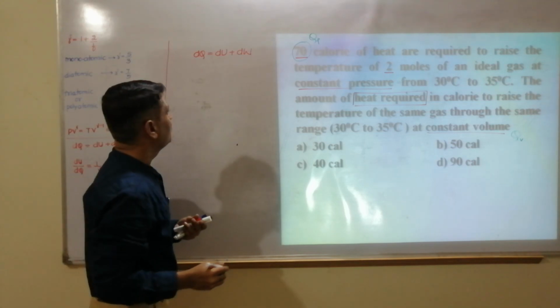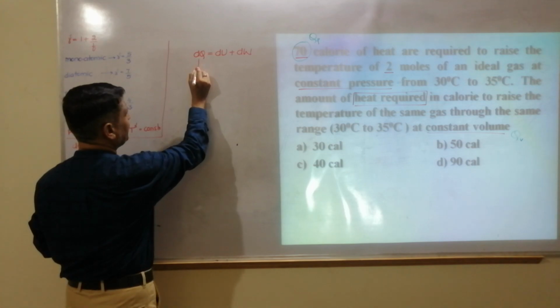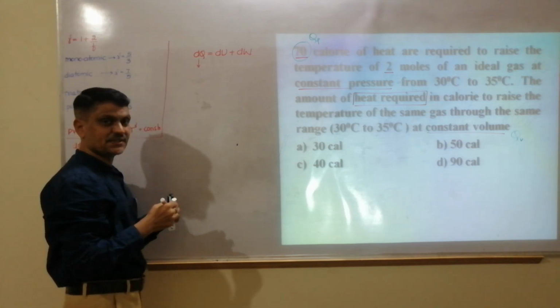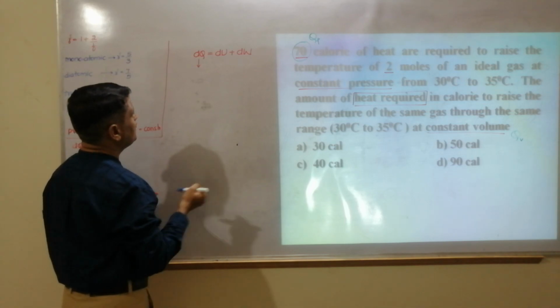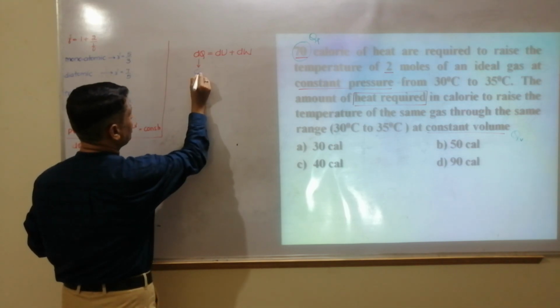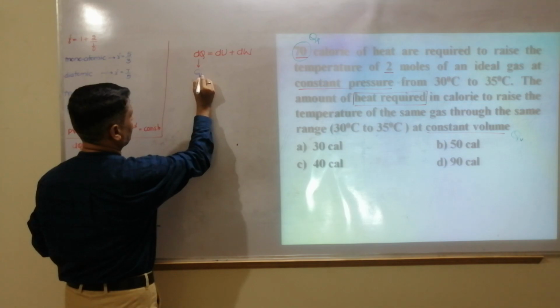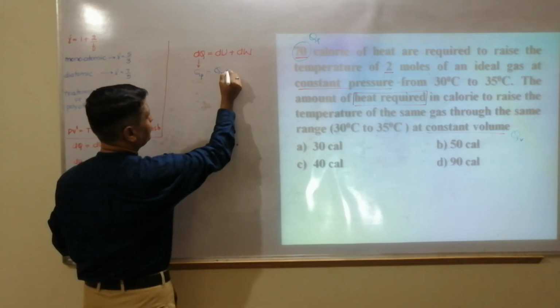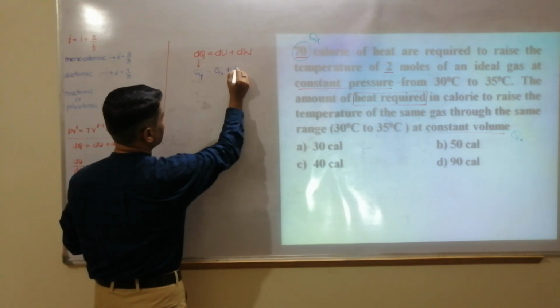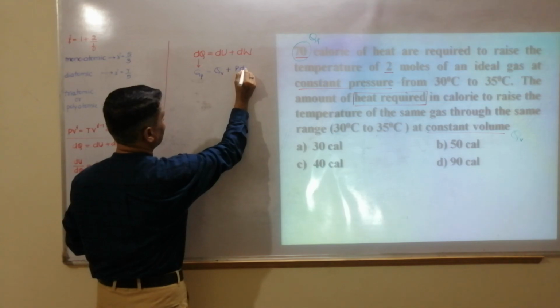Here, the amount of heat energy given to the system, I told in the last topic, is nothing but the heat energy given at constant pressure. This is nothing but the heat energy given at constant volume, plus work done, which is nothing but P into dV.